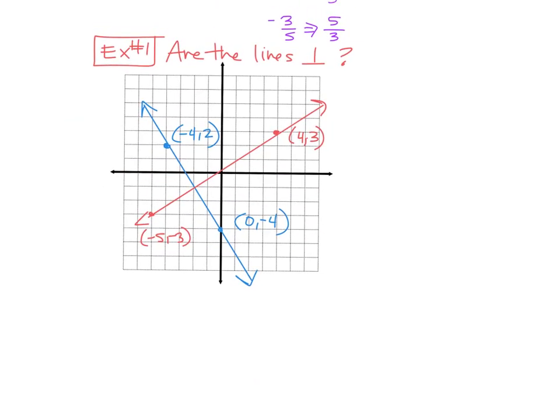Find their slopes. So if we start with the blue line, I'm going to do 2 minus a -4. So that means I'm calling this my x2, y2, this my x1, y1, right? So 2 minus a -4 over what?